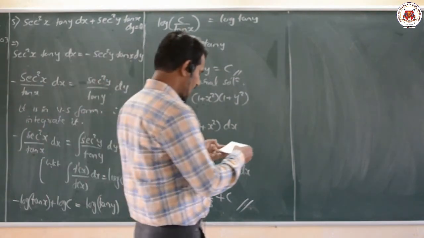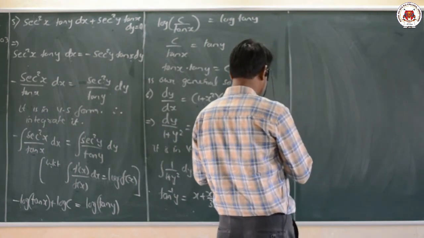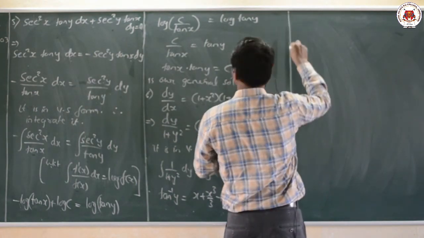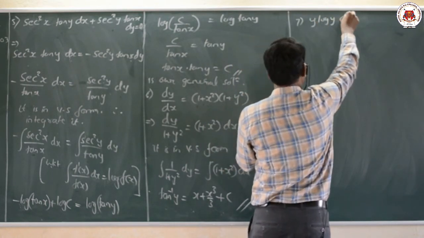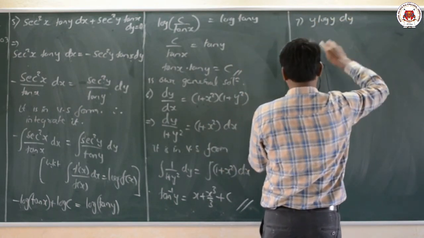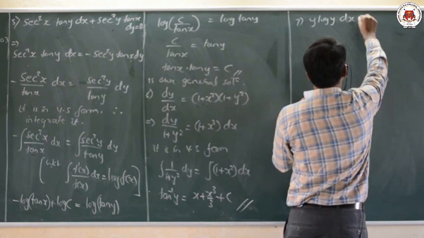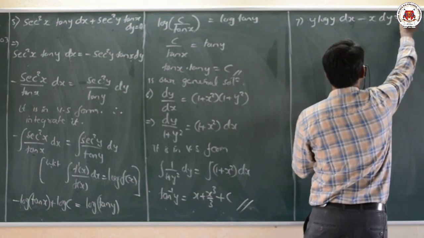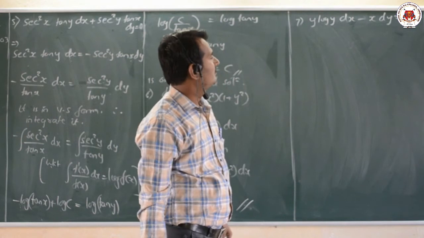Okay, now let us move on to the next example. The next example is also very simple, the 7th question: y log y dx minus x dy is equal to 0. Very simple thing. Now how do we solve it?